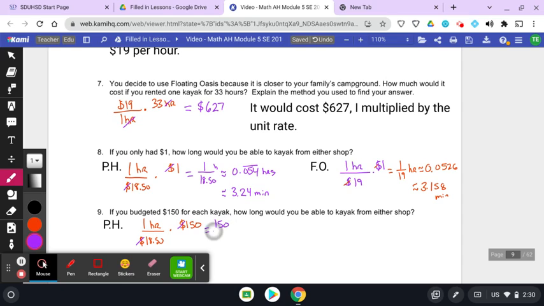I'm going 150 divided by 18.5. I get about 8.108 repeating hours. Multiply that decimal by 60. That's about 8 hours, about 6.5 minutes, rounded.